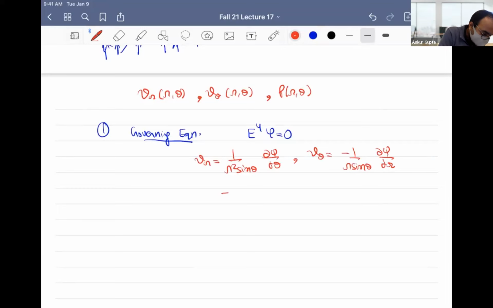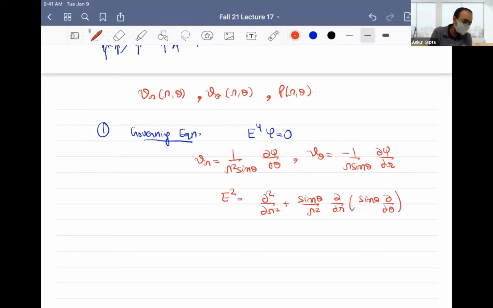Next we have E squared, which is the operator given to us in the table: del squared by del r squared plus sine theta by r squared del by del theta of 1 by sine theta del by del theta.